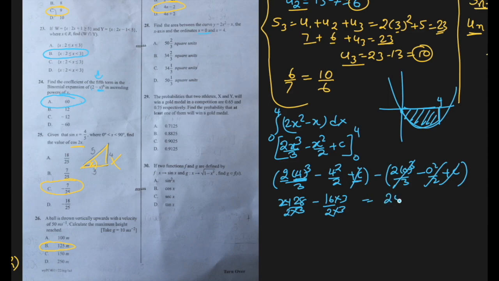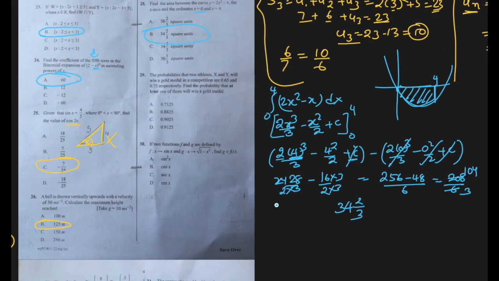So 256 minus 48 over 6, which is 208 over 6, which we can simplify to 104 over 3. So convert this to mixed fraction. 3 times 3 is 9, 14. 3 times 4 is 12, 2 over 3. 34 and 2 over 3. B.